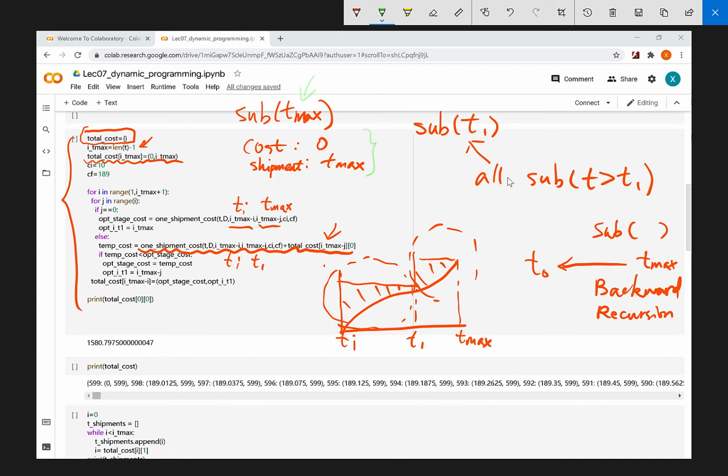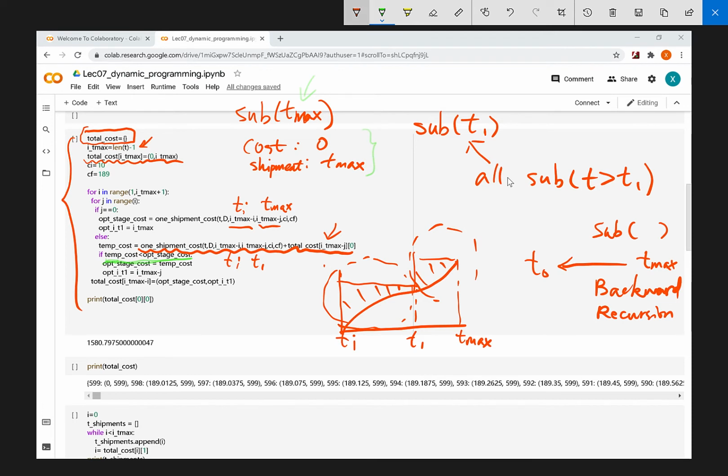After we calculate the summation of the cost, we update the cost based on the smallest value, right? We want to enumerate all possible t1 and then get the smallest cost. To achieve this in code, we calculate all the costs and remember the smallest cost value.